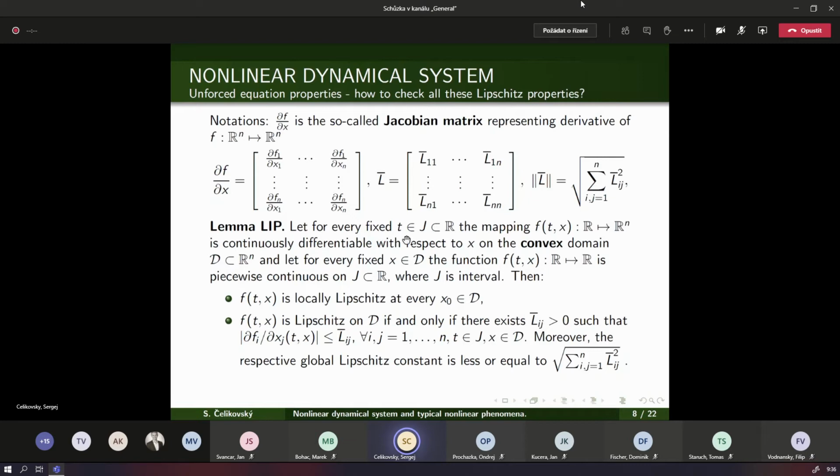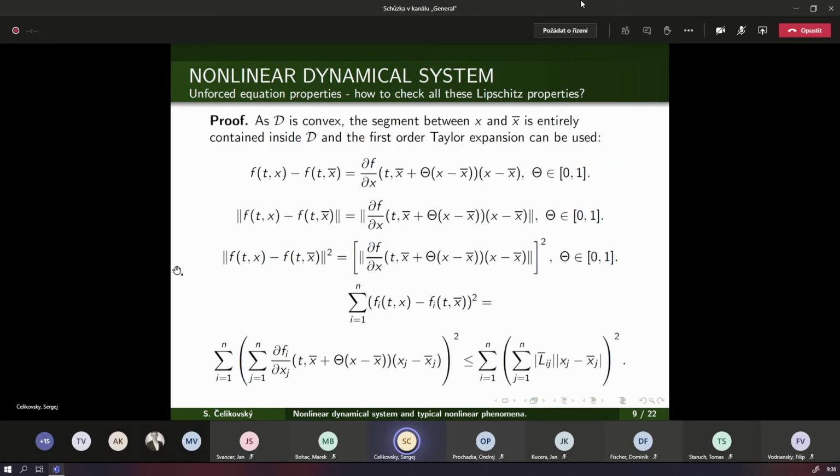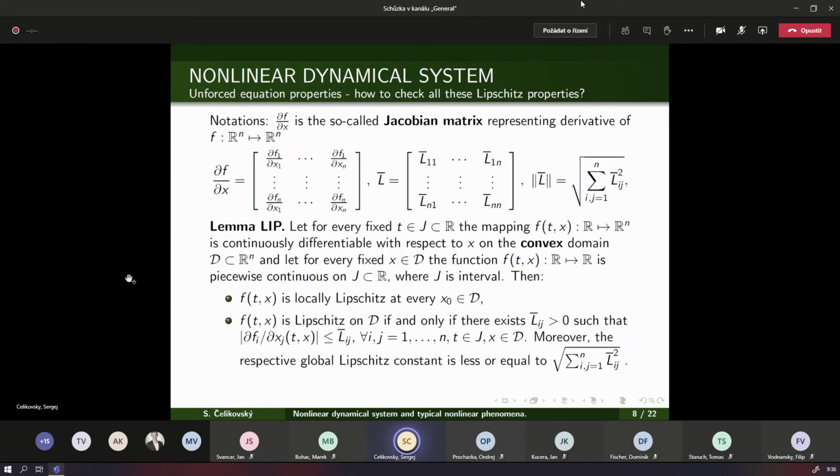So the lemma says that assume that for every t from this time range we consider, this mapping from R to Rn is continuously differentiable with respect to x on some convex domain D in Rn, and let for every fixed state from this domain this function, again here it should be Rn, sorry, in this second, from Rn to Rn, it should be not from R to R, I will correct it later, is piecewise continuous on J, where J is an interval.